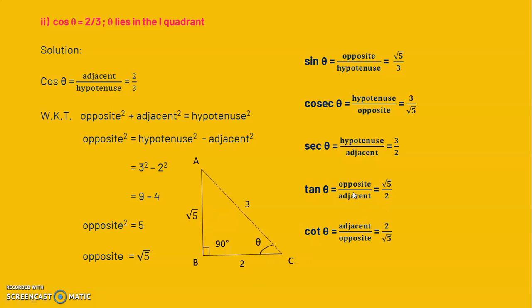Your cot theta is the inverse of your tan theta, therefore 2 divided by root 5. So please make note that all the trigonometric functions are positive here because it lies in the first quadrant.